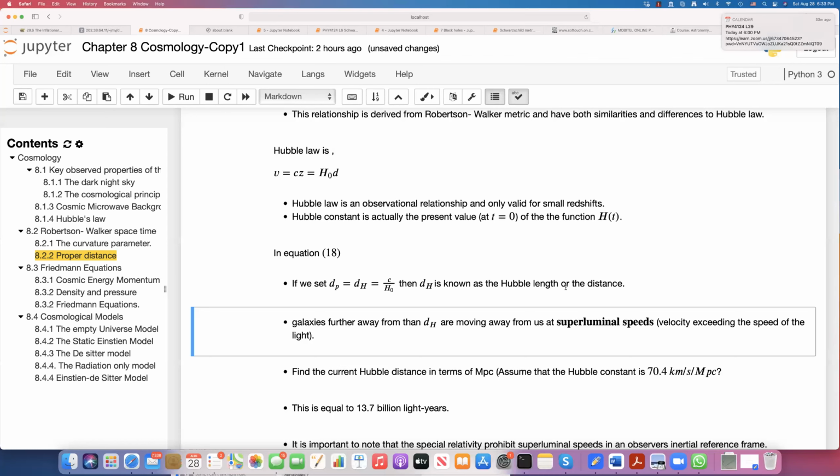This may be the first time you meet this term, so make sure you understand what it means. We have been talking so far about velocities only up to the velocity of light, so you cannot talk about anything beyond that. But here it seems possible to have galaxies moving away from us faster than the speed of light.